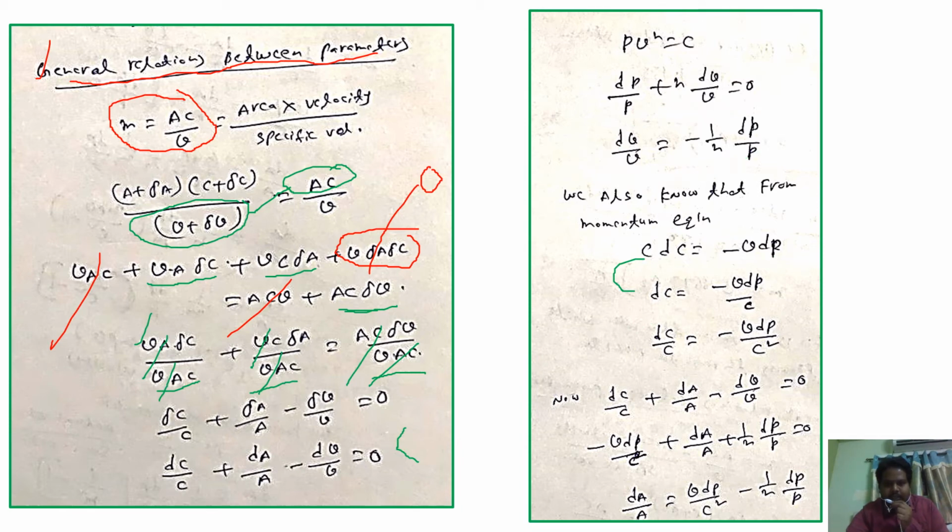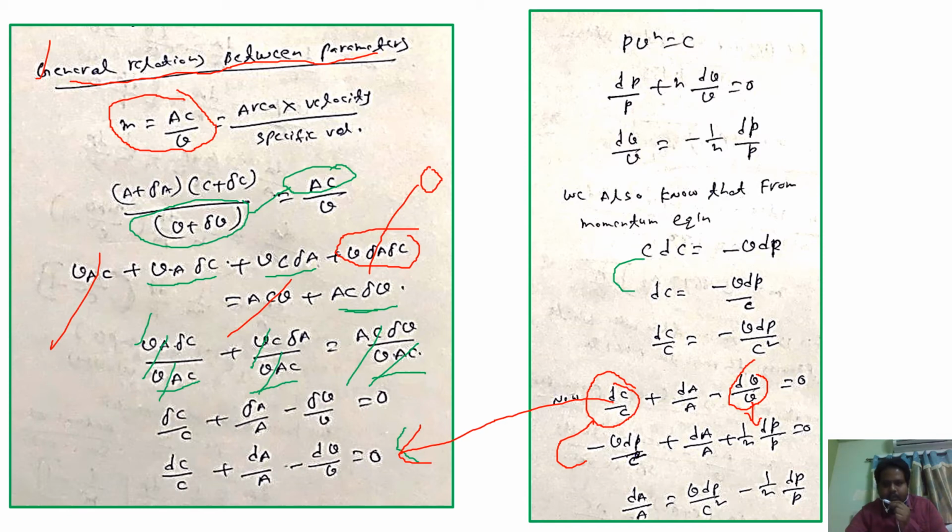As you can see here, dC by C plus dA by A minus dV by V equals to 0. This equation I have written here. Now in place of dC by C, I have written minus V dP by C square, plus dA by A plus, in place of dV by V, we have written 1 by n dP by P equals to 0.